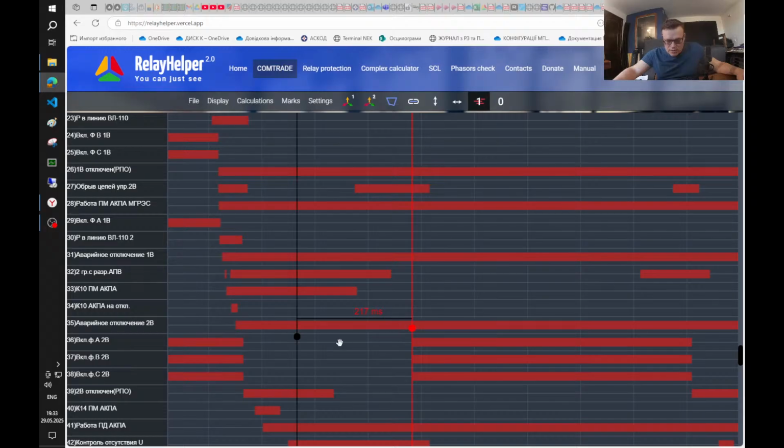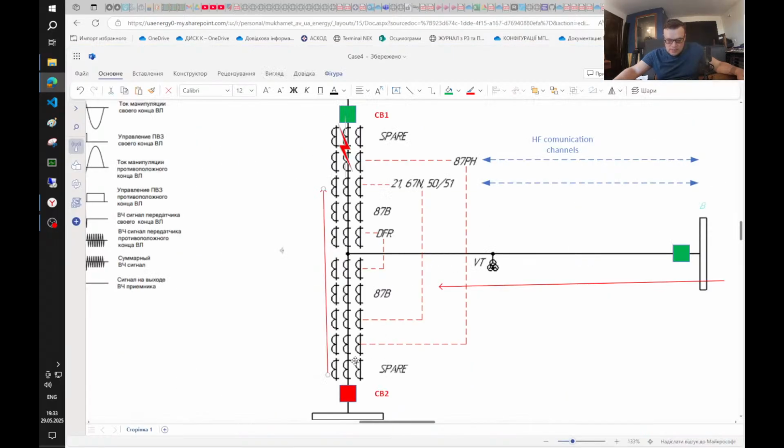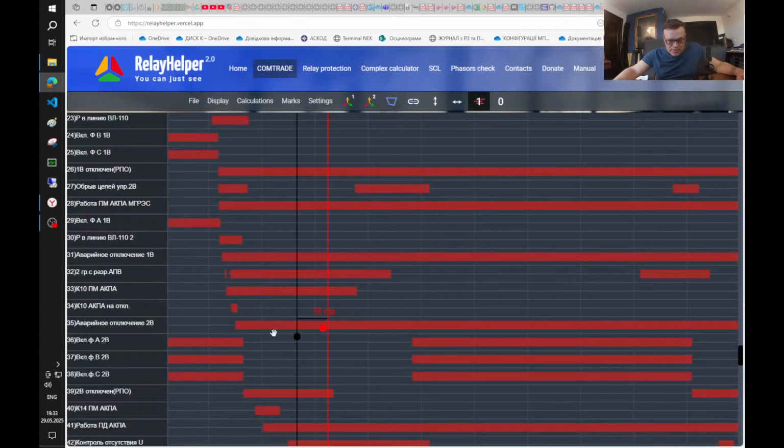Okay, so these are the auxiliary contacts of that second circuit breaker. And here we can see that here the circuit breaker was opened, and here it closed.